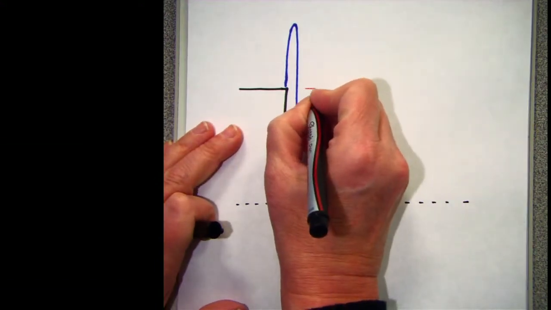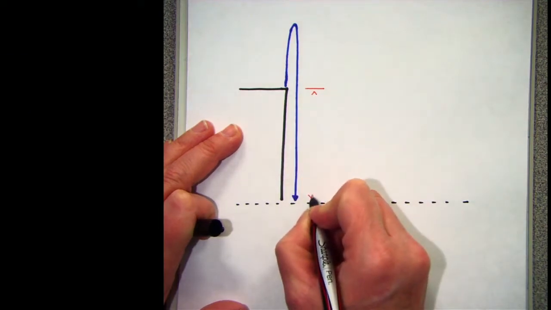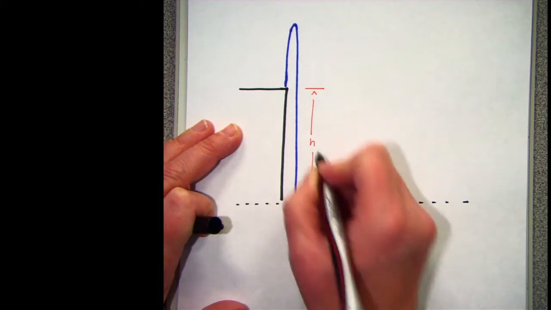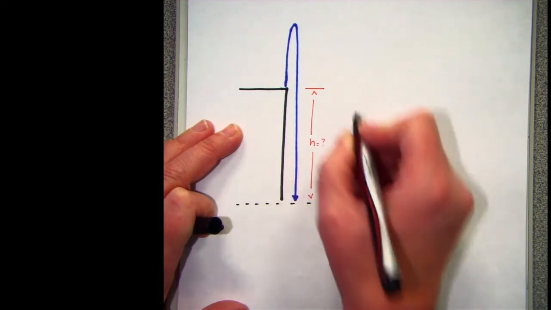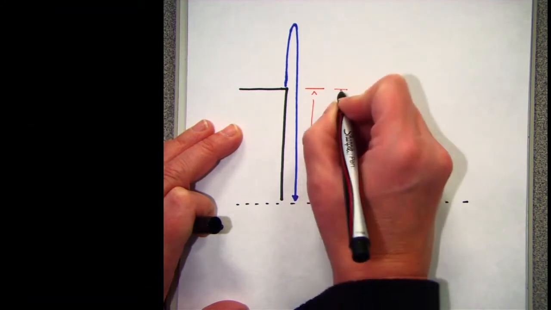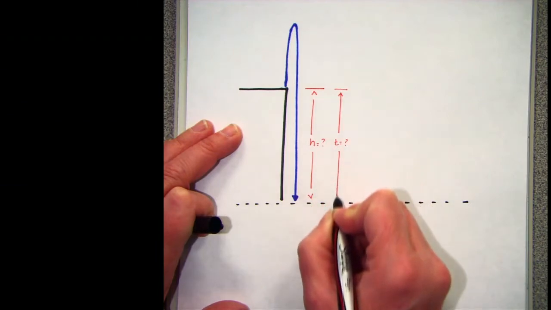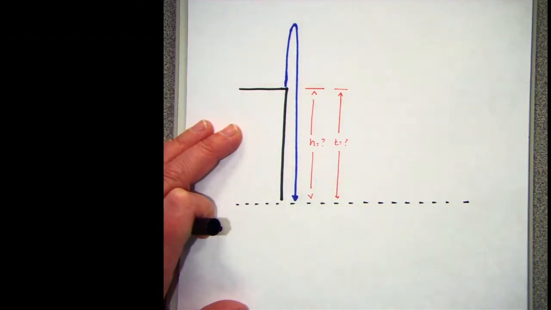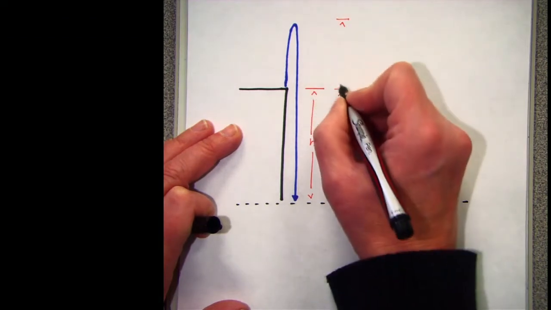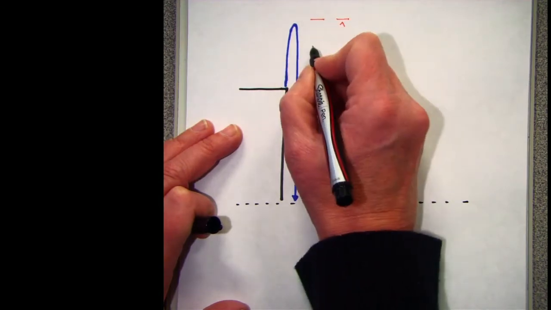I've got a reference point here. You may be asked for this height. You may be asked for this time. And a lot of this depends on what information you've been given. You may be asked for this time. You may be asked for this height.